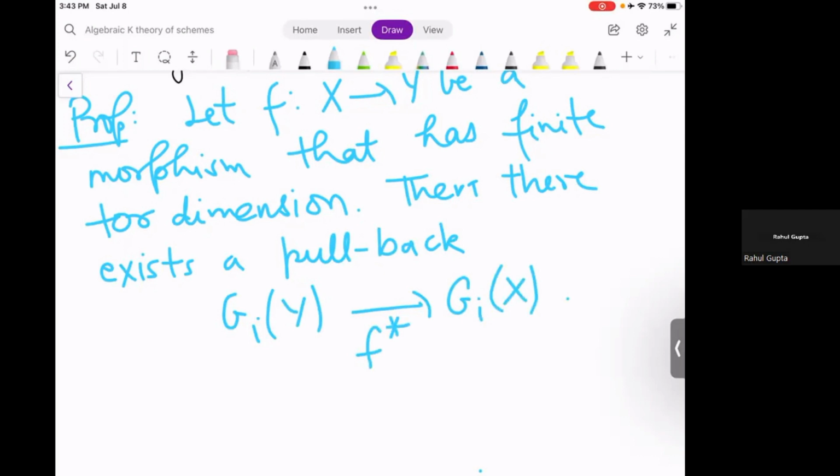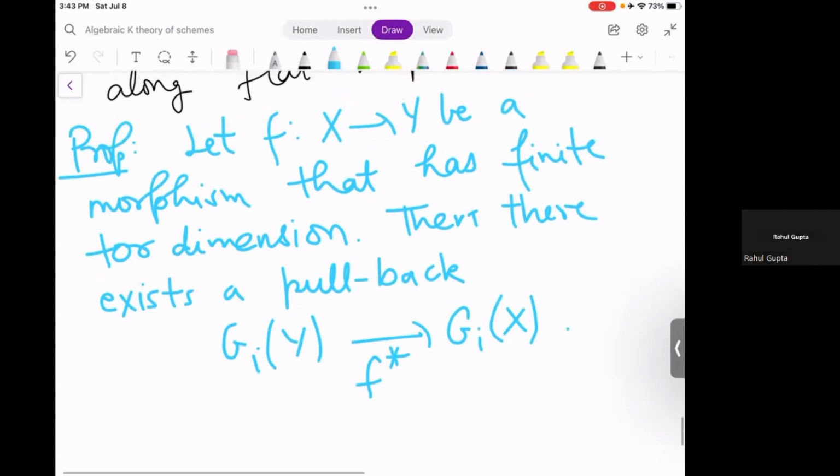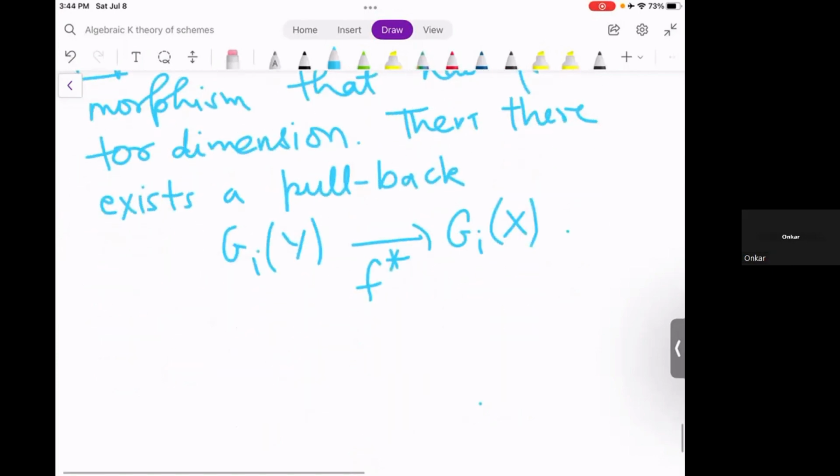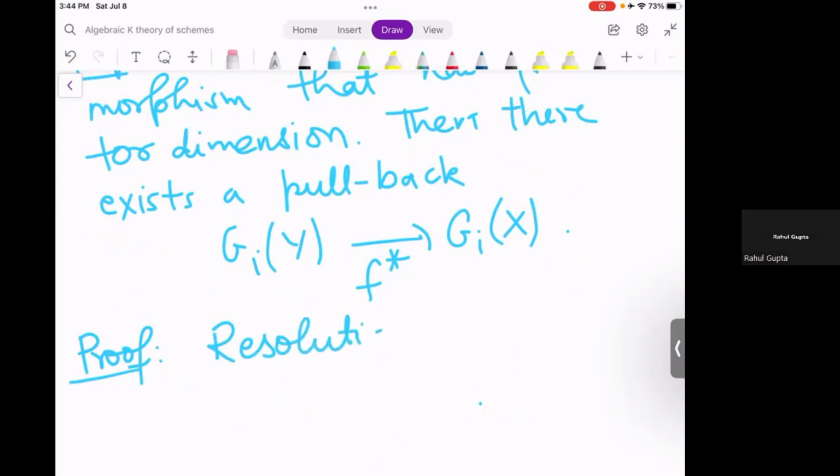It's a sufficient condition, but it's not necessary. What we can do is relax this condition. So étale is Tor dimension 0, and we can demand that if the morphism has finite Tor dimension, we can still pull back. Okay. So this follows. I will just write a proof. If people have seen the definition and everything, the proof comes from the resolution theorem of Quillen. Let me just write it in exact categories.